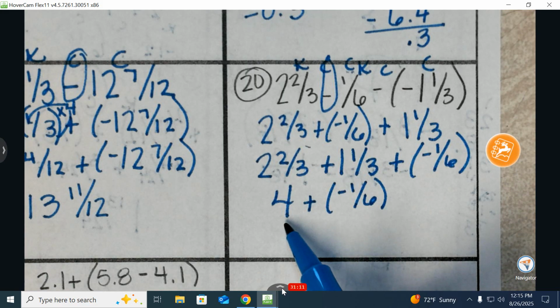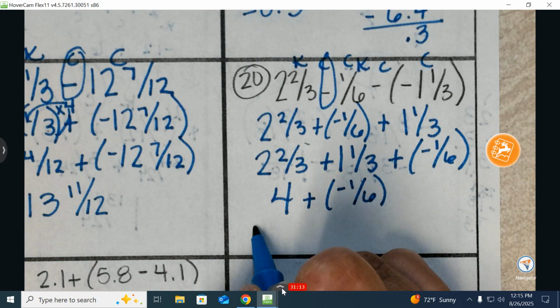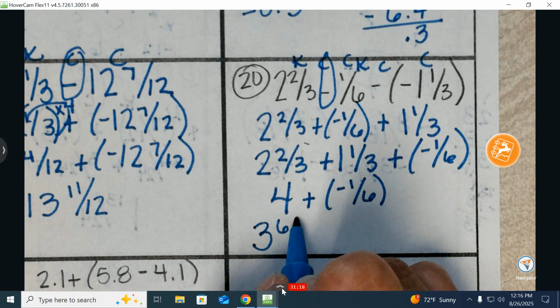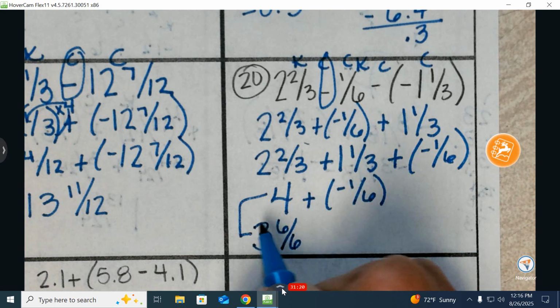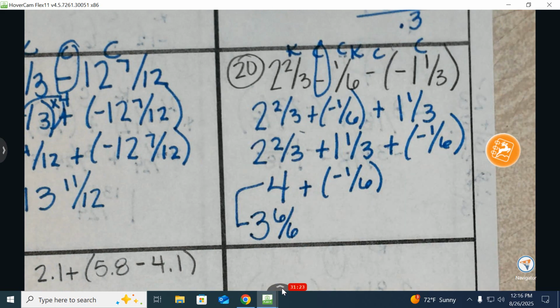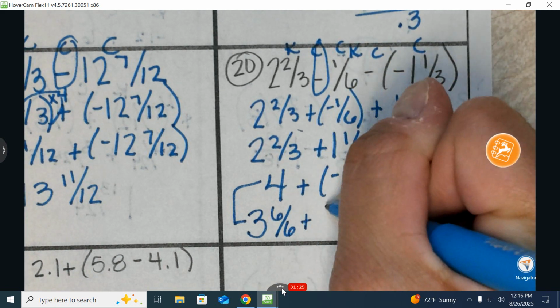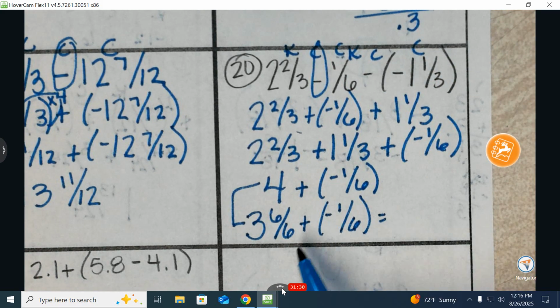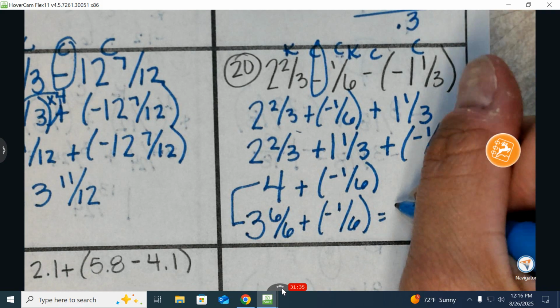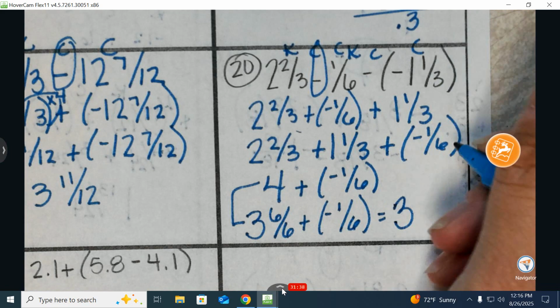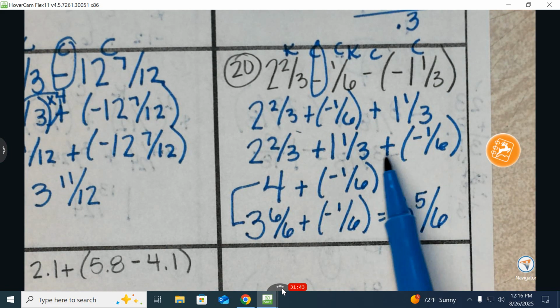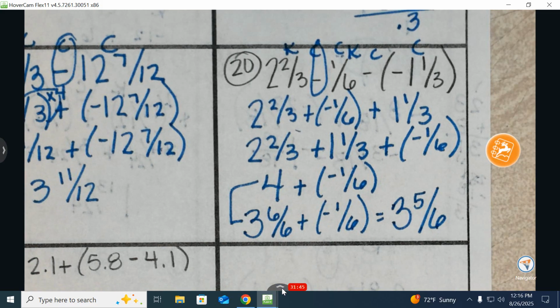So I'm going to change this back to 3, but then to make it have a common denominator, it's going to be 6/6. So these two things are equal. I'm just changing its form so that I'm able to subtract these. Okay, so now I can say 6 minus 1 because they're not the same sign. So I'm going to have 3 5/6. And it is positive because 4 has a larger absolute value.